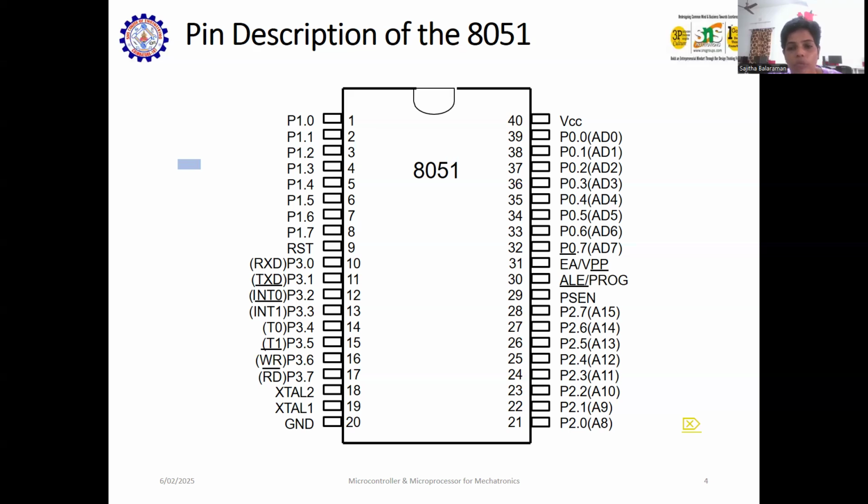Again, this consists of 8 pins, and pin number 40 is for VCC. XTAL1, XTAL2, PSEN bar and ALE, and pin number 31 and pin number 30 are multiplexed with PROG, etc. All these things we will be discussing in the forthcoming series.